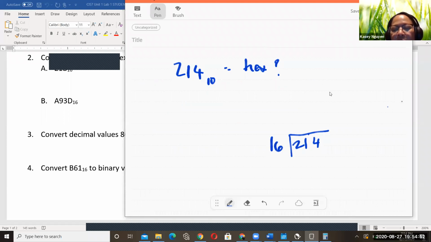So 21 divided by 16 is 1 time, with a difference of 5, and then 54 divided by 16 is 3 times. That's 48, so that's going to give you 6.